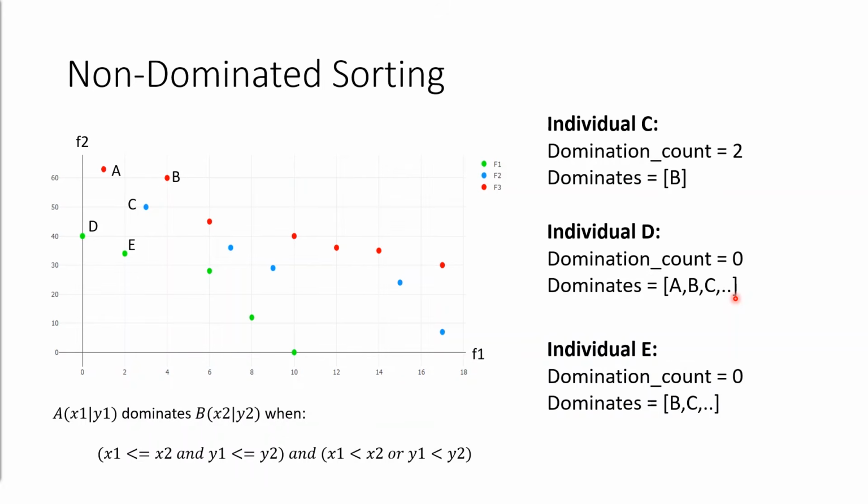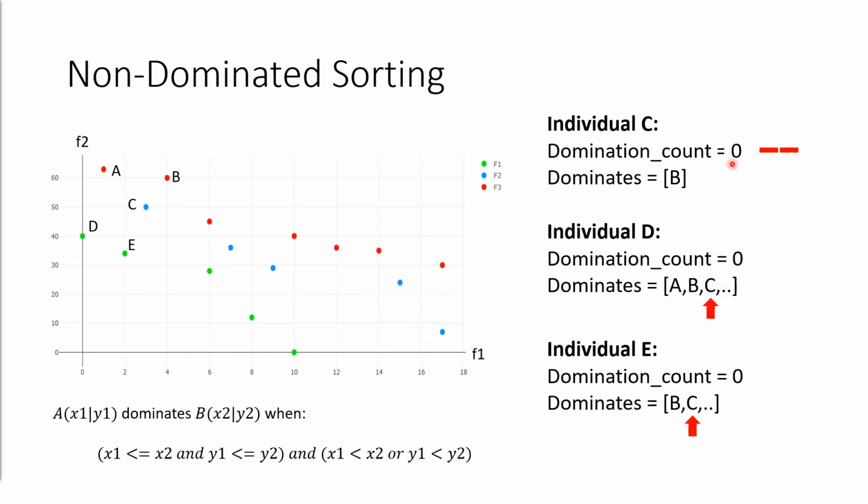As an example, you can see here that individuals D and E, which belong to front 1, both have individual C in their dominates list. So the domination count is subtracted by 1 two times, and therefore the new domination count, when front 1 is excluded, is 0, and individual C belongs to the next non-dominated front F2.